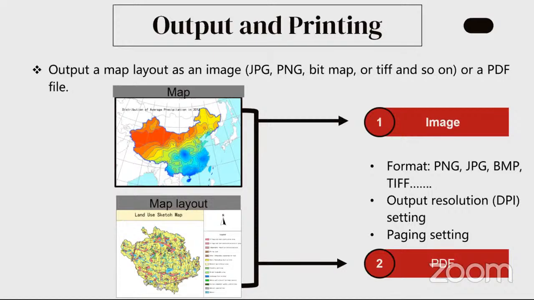When you export this map or layout, you can adjust the output resolution DPI depending on how clear you want it, and the type of format. You can also adjust the places that you want to save it. So output resolution is quite important to make your map much clearer or not.